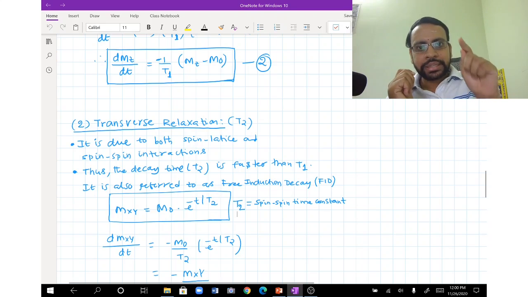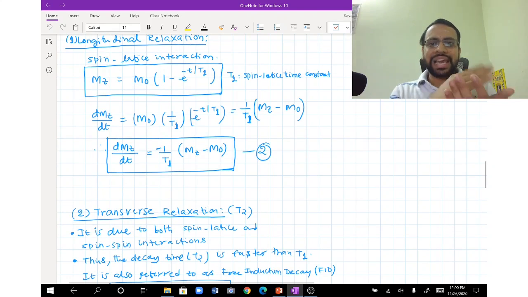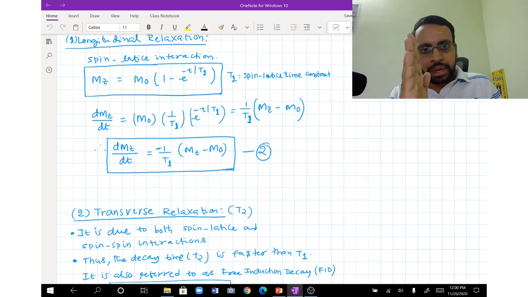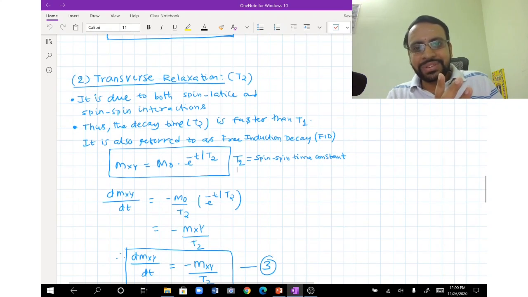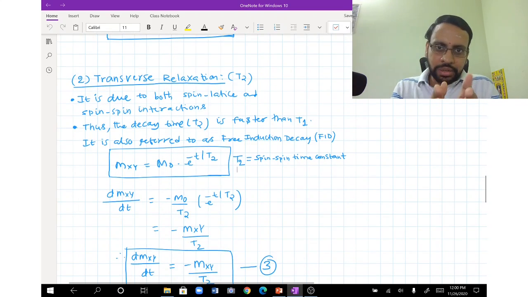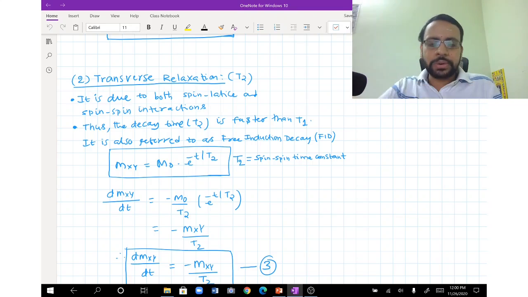Notice here the time it takes for the longitudinal relaxation, in other words, for it to come back to m naught, is going to be different from the time it takes for the transverse relaxation, in other words, for the magnitude in the xy plane of this magnetic field to become 0. The reasons are twofold.